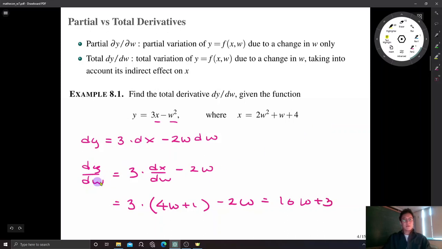Okay, so that's the total derivative. Once you understand the total differential, how the function changes over x and w, we can start from that total differential, and in order to find the total derivative with respect to w, we divide the total differential by dw to find the desired result.